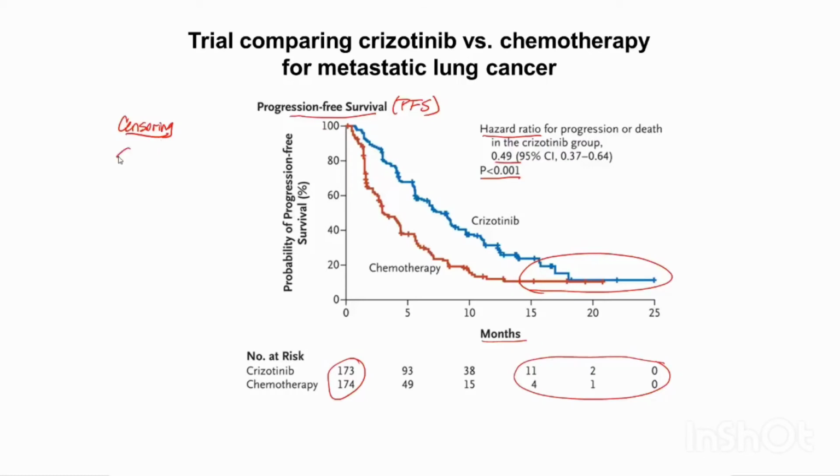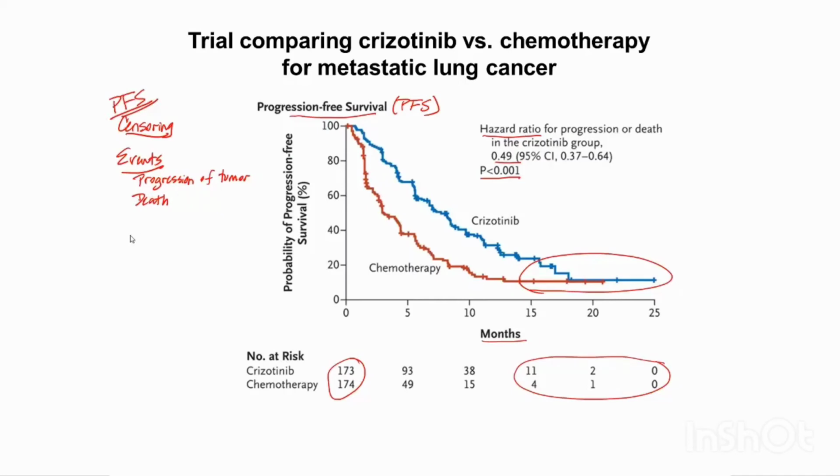Now, the events are progression of tumor, so that each event causes the curve to drop. Progression of tumor, okay, that's progression-free survival, but also death, and death from any cause, death from cancer, death from toxicity of chemotherapy, or even death in a car crash. Now, this is progression-free survival, okay?